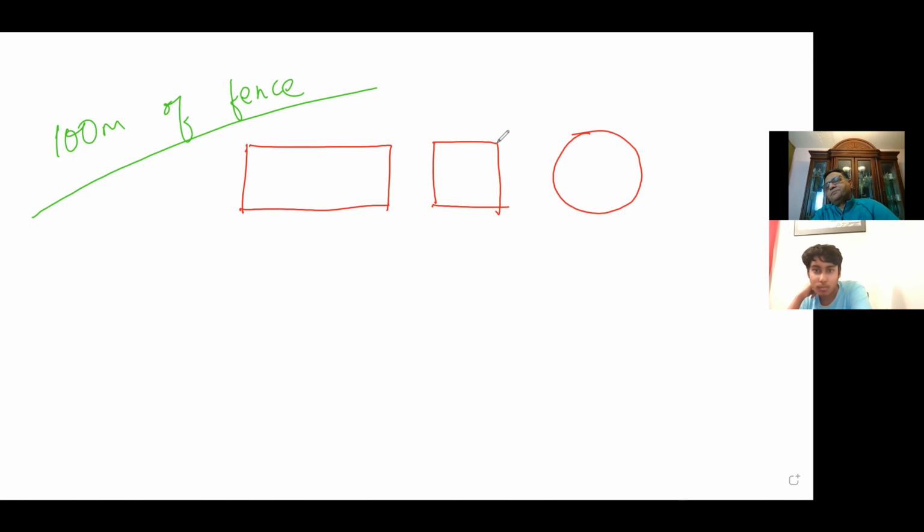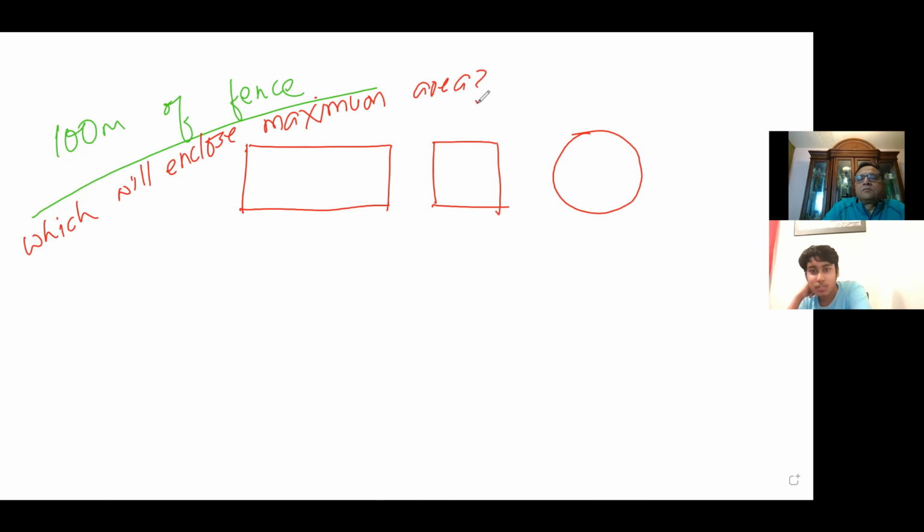Which will enclose the maximum area? Tell me. And you have to find the value and tell me by how much it is more.